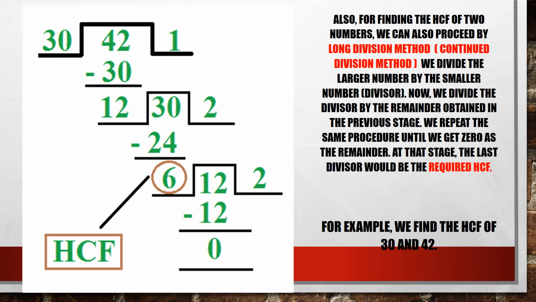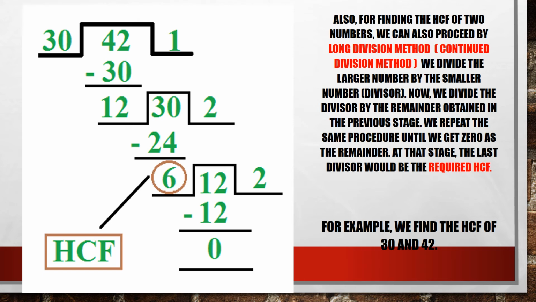There is one more method of getting the HCF. This method we call the continued division method. Let us try it with the example of finding the HCF of 30 and 42. We divide 42 by 30, which gets the quotient as 1 and the remainder as 12.